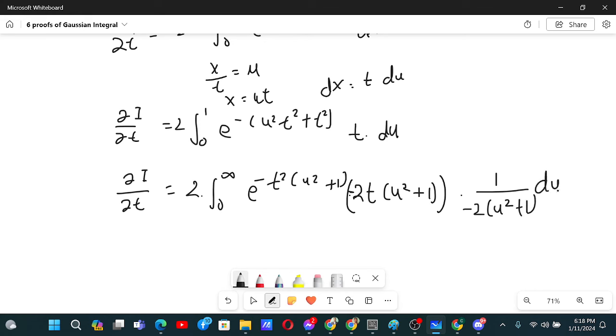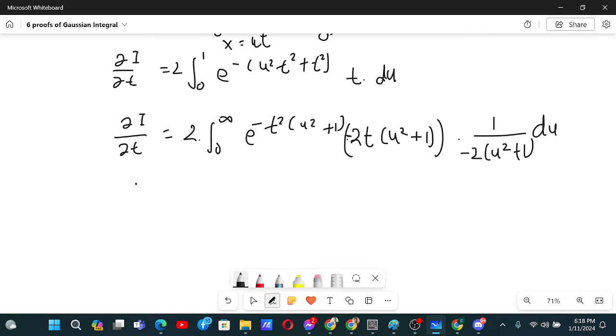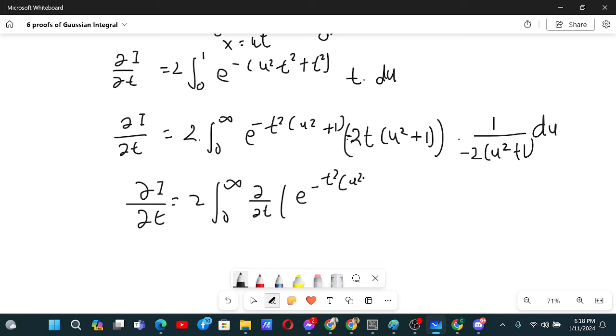You can write it like this, and there's a reason for doing that, which is dI by dt equals 2 times the integral from 0 to 1 of d by dt of e to the power minus t squared (u squared plus 1), and du by minus 2 times (u squared plus 1).